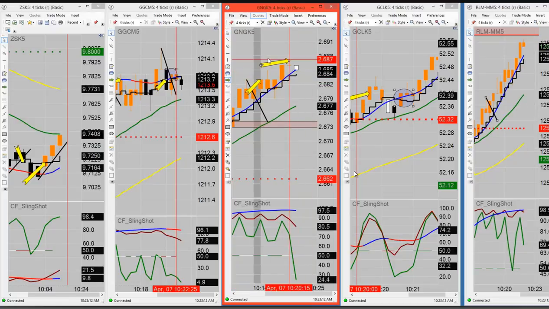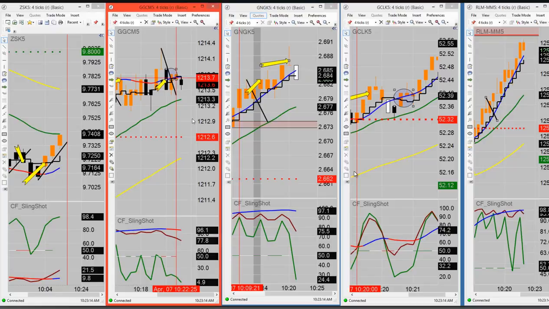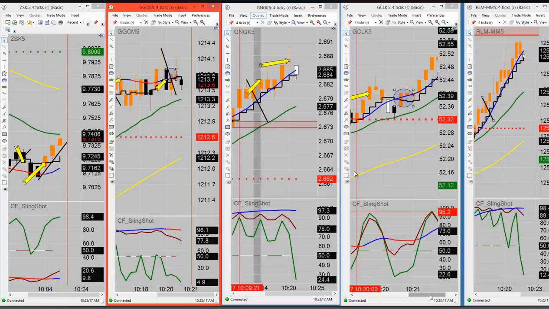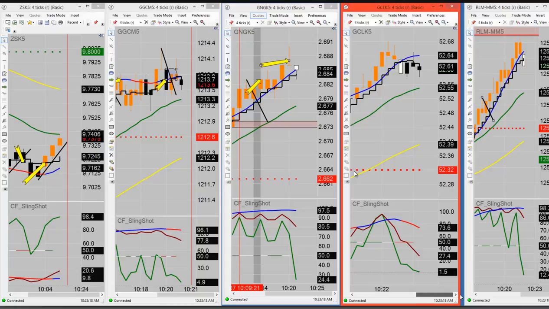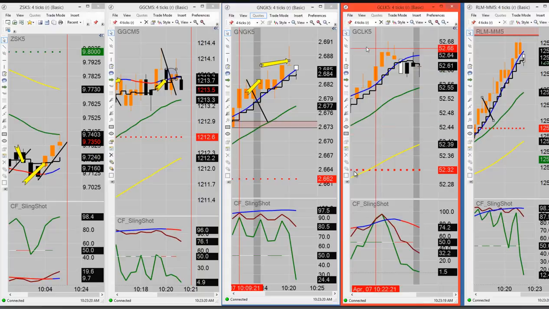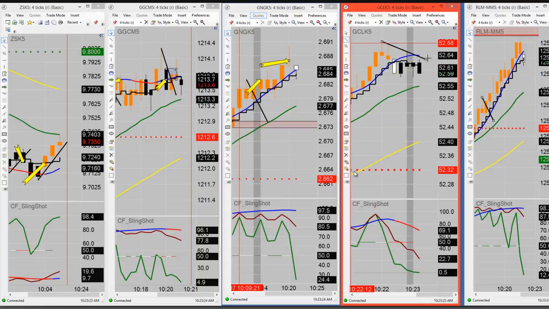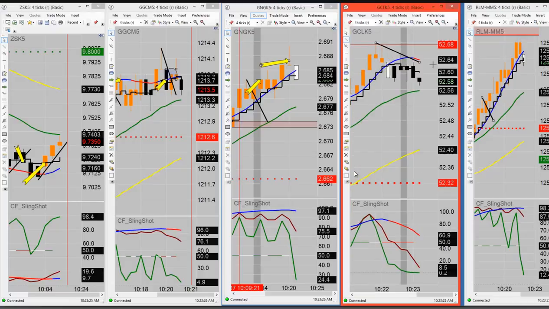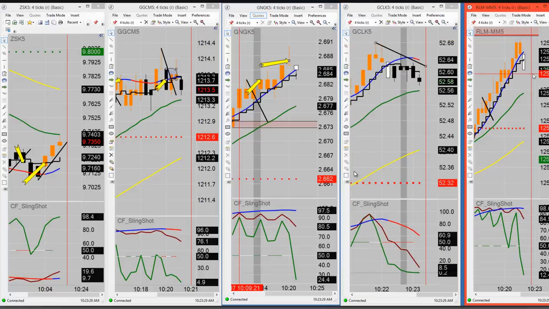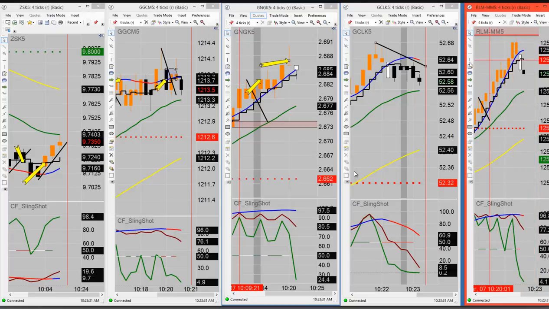Crude oil's jumping all over the place. Well, it's up mostly. And the Russell just went back up to its weekly trading zone.